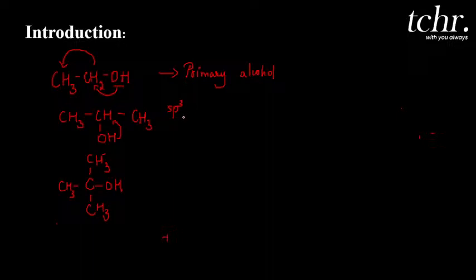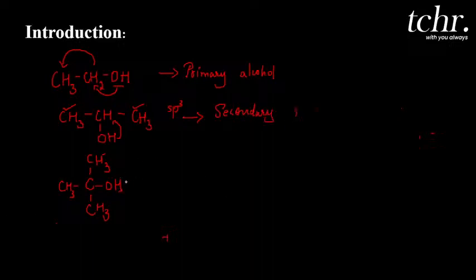Now, in the same way, in this example, the functional group is bonded to an sp3 hybridized carbon atom, which is further bonded on both sides to two alkyl groups, right? You can see two alkyl groups on both sides. Then this is called a secondary alcohol.